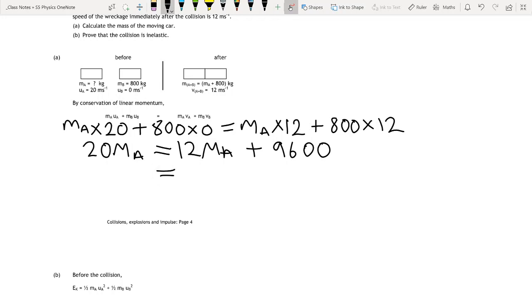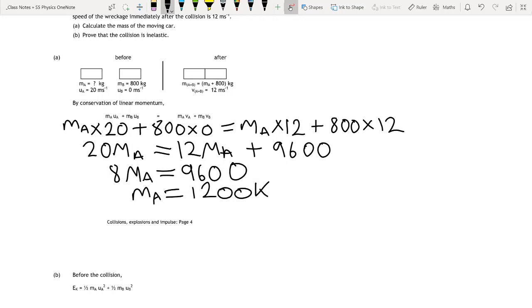So 20 minus 12 is 8 mA equals 9,600. So mA is going to be 9,600 divided by 8. So mA is going to be 1,200 kilograms.